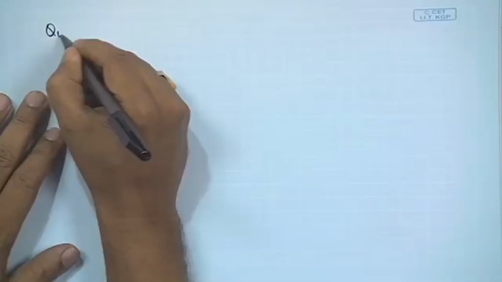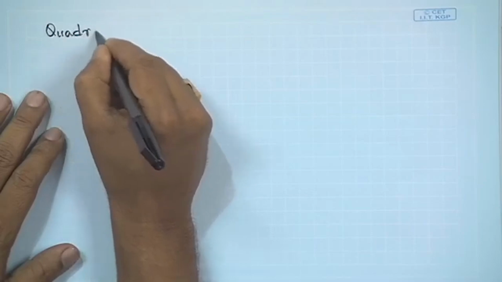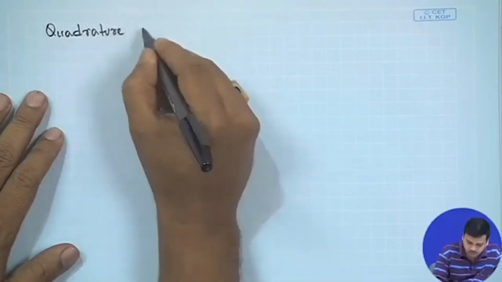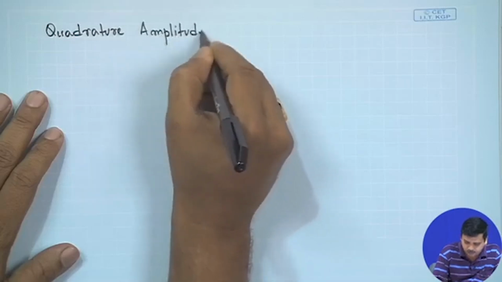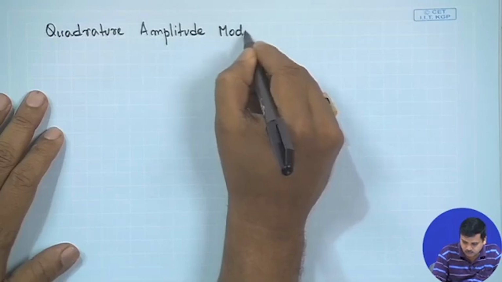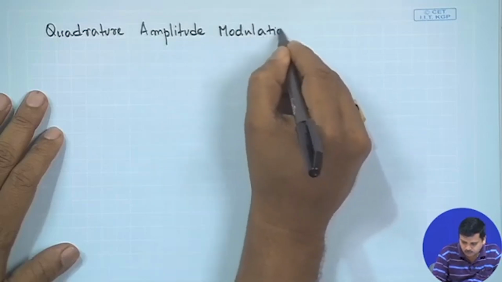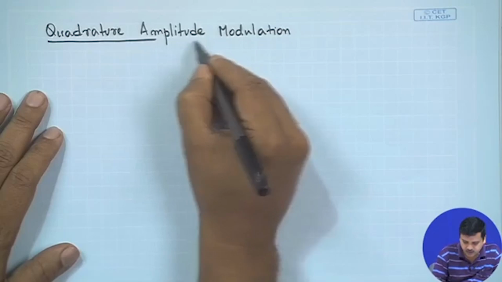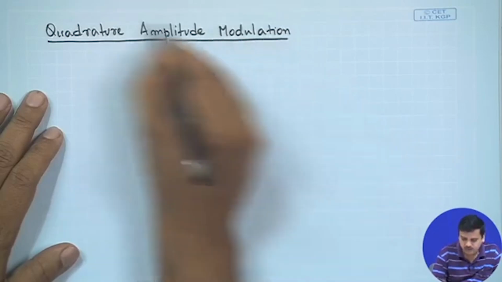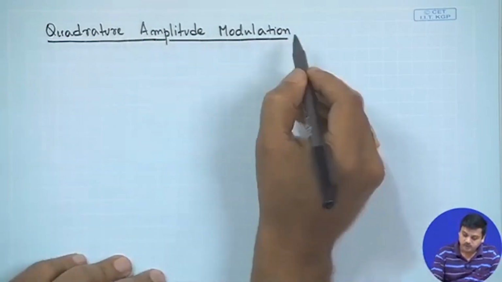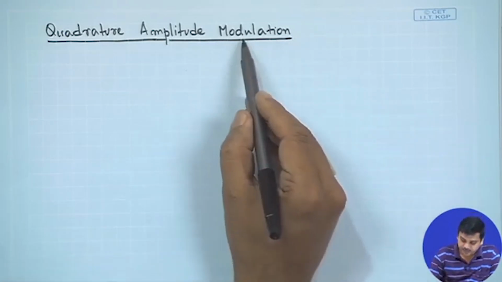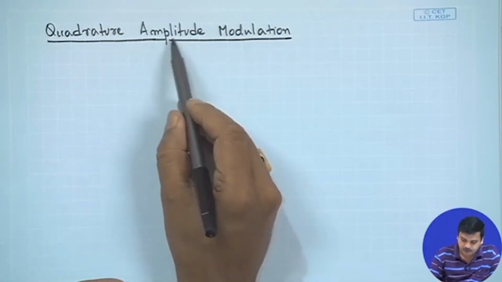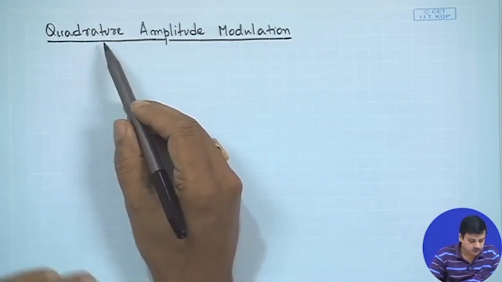So when we looked at quadrature amplitude modulation, we did describe the meaning of the words used here. Modulation, we said, in our context would mean symbol mapping. Amplitude is of course amplitude, and quadrature refers to the quadrature carrier.